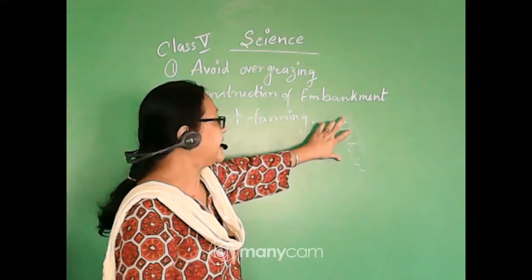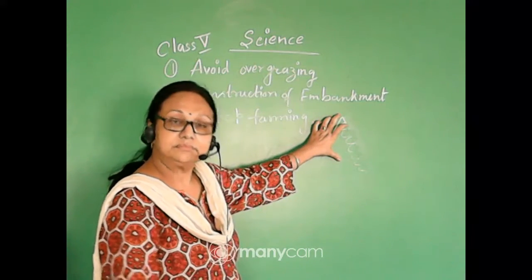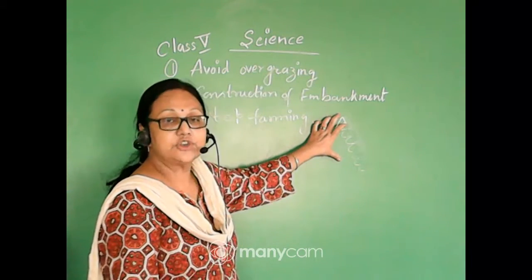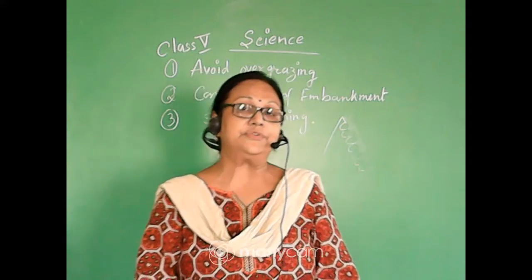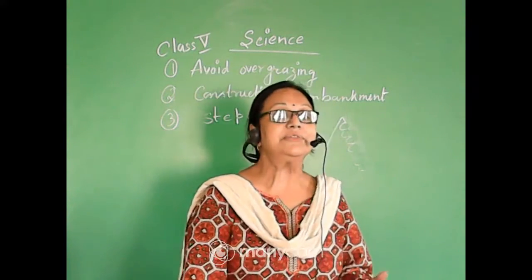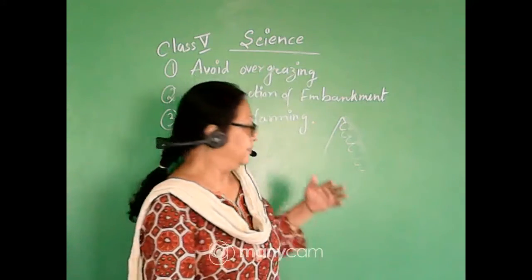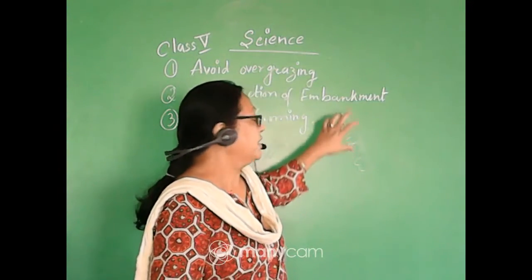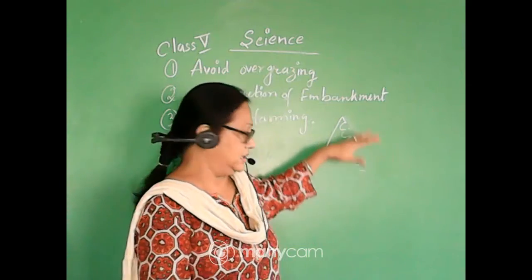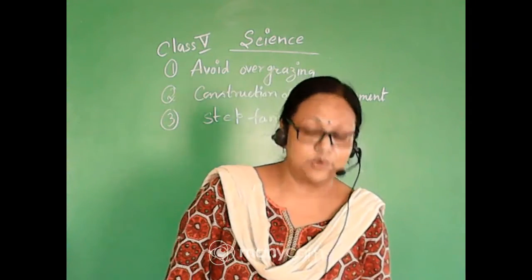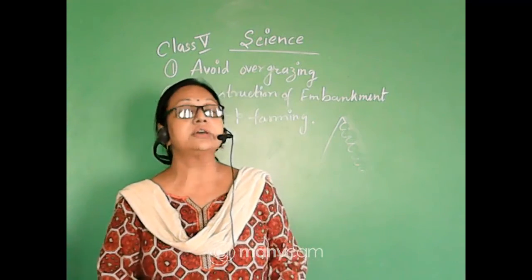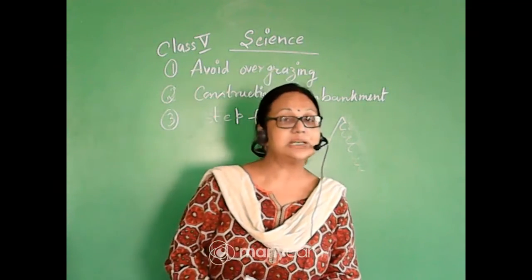By this way we can slow down the soil erosion from hilly areas. We cannot totally stop it, but we can at least slow the speed at which the soil is taken away from these slopey regions. This is also a very good way to stop soil erosion.